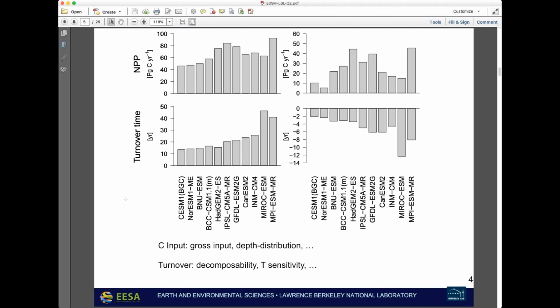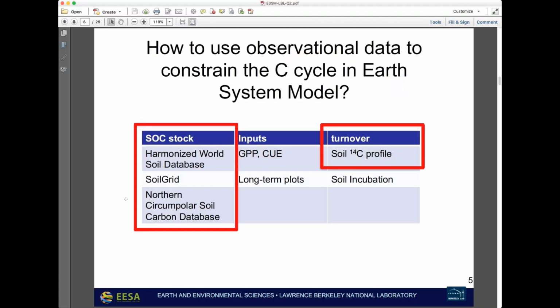So really the question is, now we have relatively better knowledge about SOC stocks. We have multiple databases, frequently used ones like the Harmonized World Soil Database. And sometimes SoilGrids is less used, but it's also a big database.